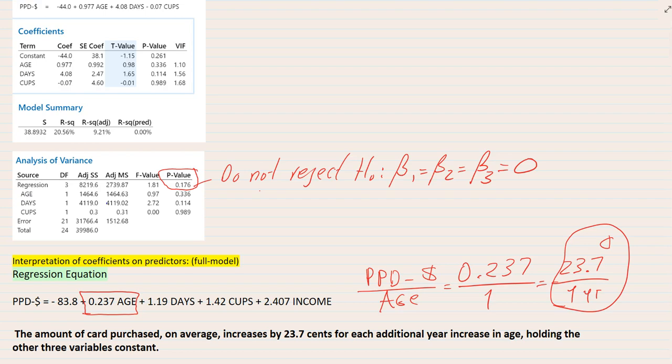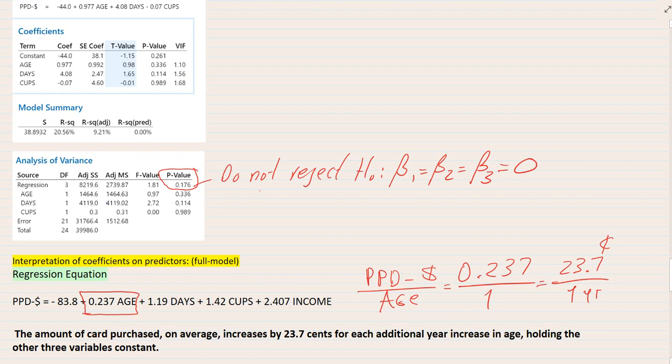And this is actually the partial coefficient. This assumes all of the other variables, days, cups, and income, are held constant.